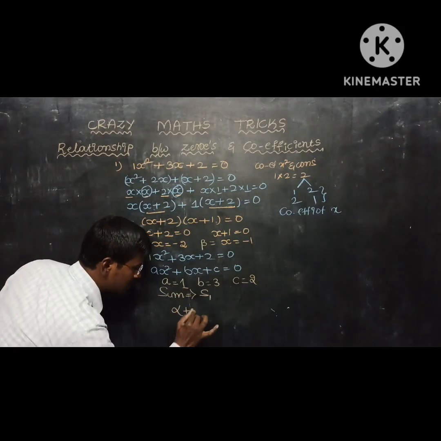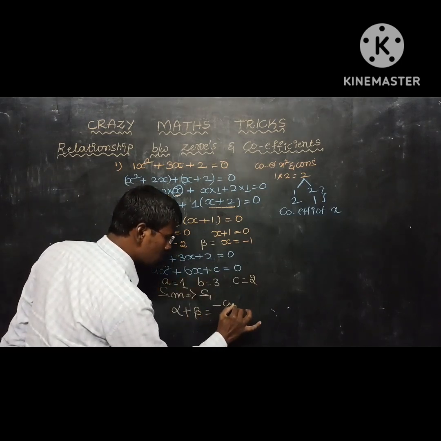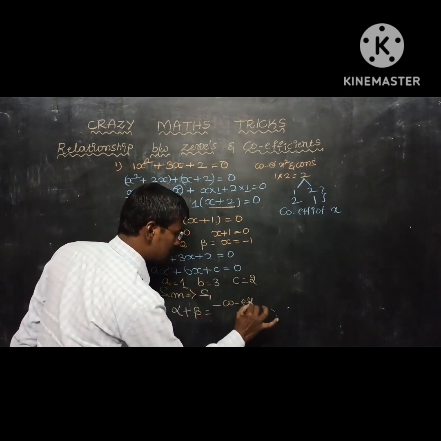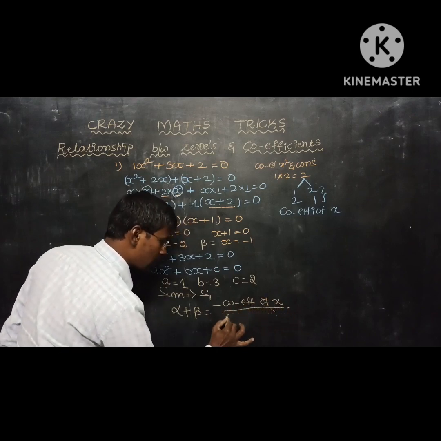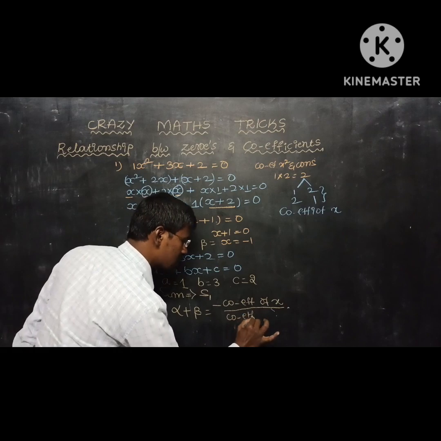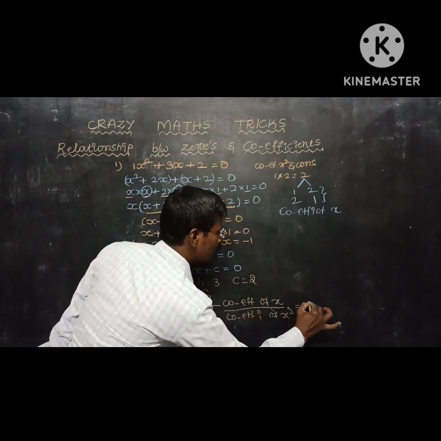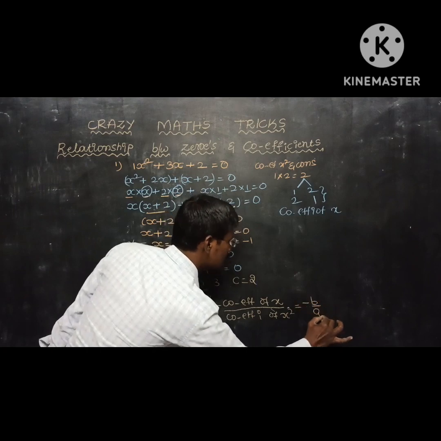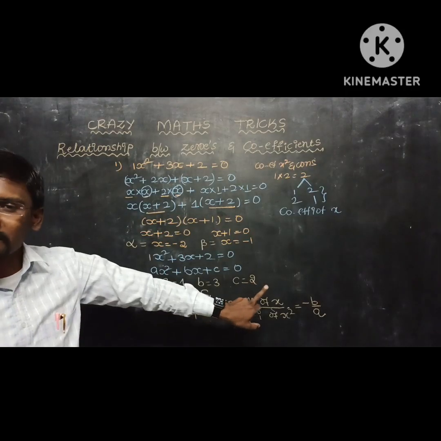Alpha plus beta equals, we said, minus coefficient of x by coefficient of x square. What can the students say here in mathematical notation? Minus b by a, students will say, because they are comparing with the general polynomial ax square plus bx plus c. Yes.